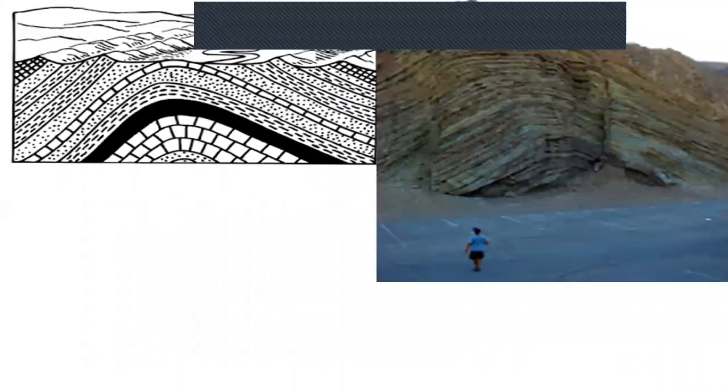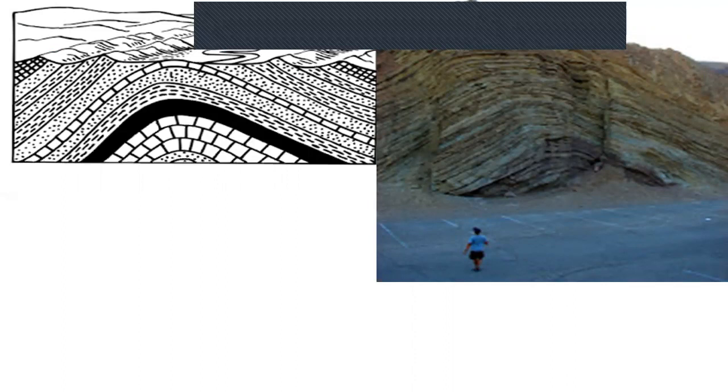This is the anticline. In structural geology, an anticline is a type of fold that has an arc-like shape and has its oldest beds at its core.